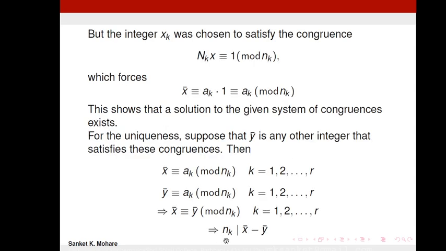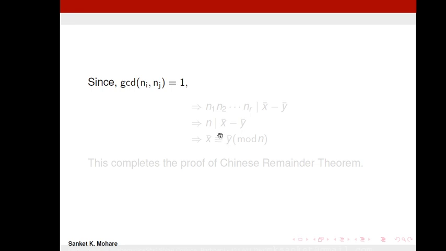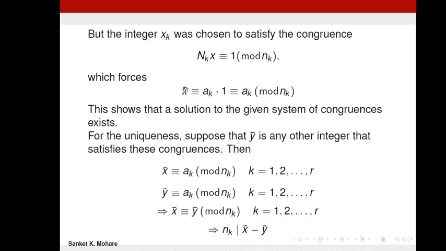Here n_k means what? GCD of n_i, n_j is equal to 1 for i not equal to j, and here we obtained n_k divides x bar minus y bar for k varies from 1 to r, means here n_1 divides x bar minus y bar, n_2 divides x bar minus y bar, n_3 divides x bar minus y bar, and so on, n_r divides x bar minus y bar.